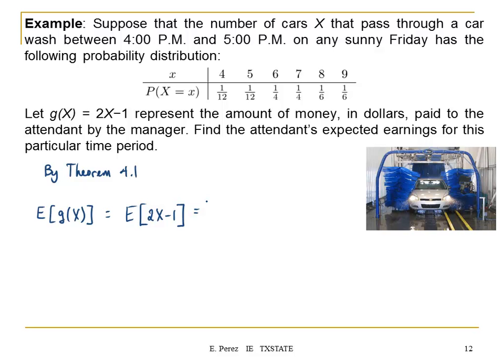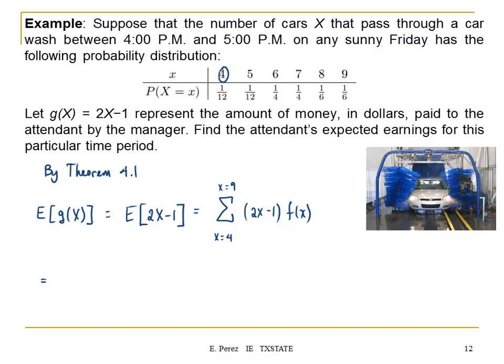And that will be equal to the summation, because this is a discrete random variable, from x equals 4 to x equals 9, of the function g of x, which is 2x minus 1, times the probability. In this case, that probability is coming from this table, which is very simple. So we can solve this by looking at the value.